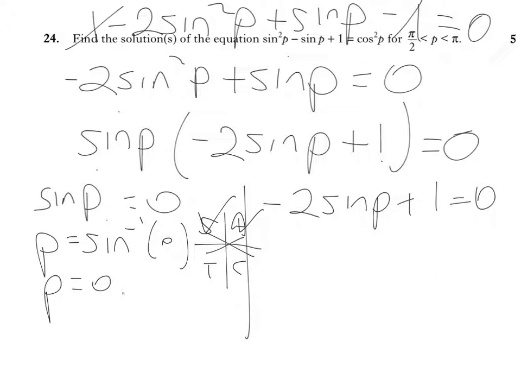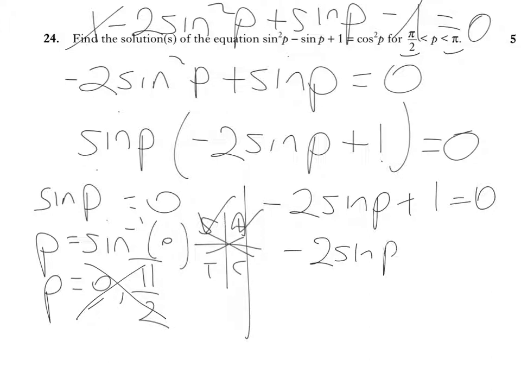So the all quadrant solution is 0, and pi over 2 for the sin quadrant. So both of these don't lie within the limits, which is between pi over 2 and pi, but not including pi over 2 or pi. So they're not solutions that I'm looking at.